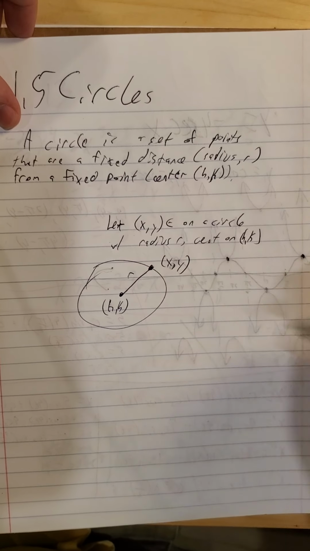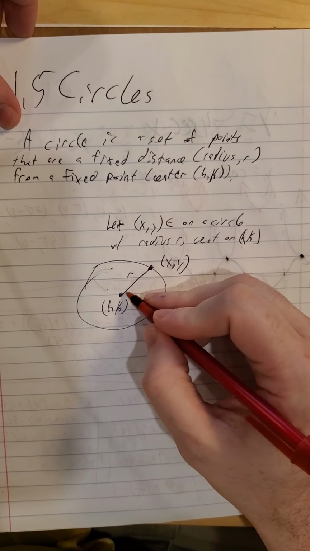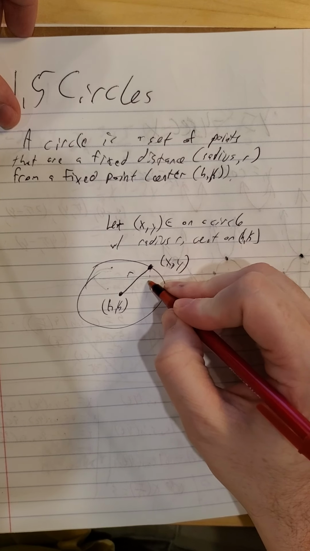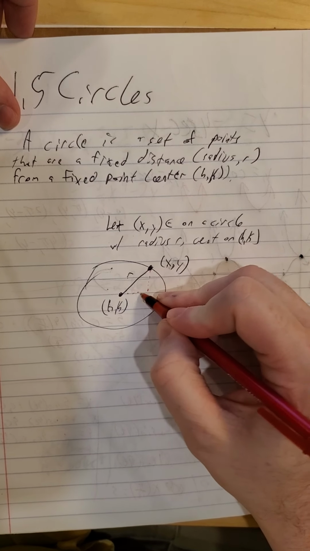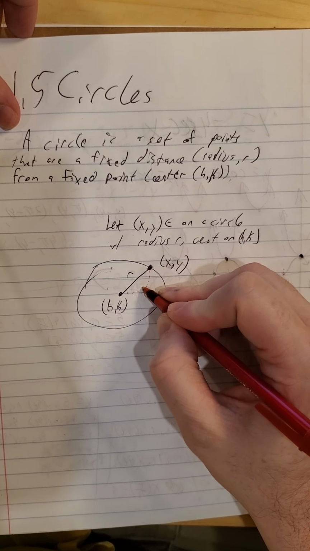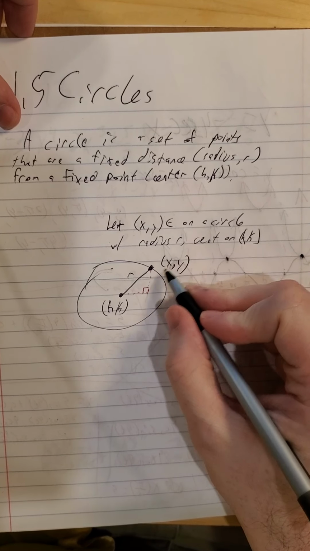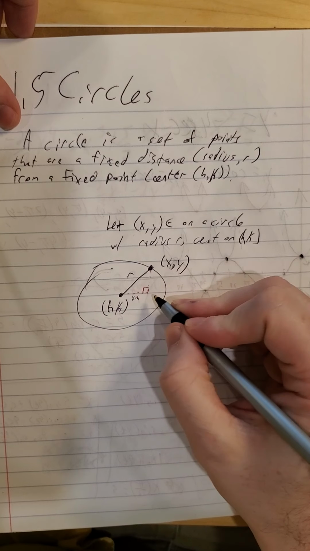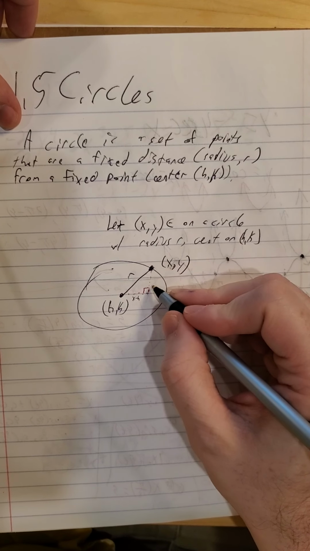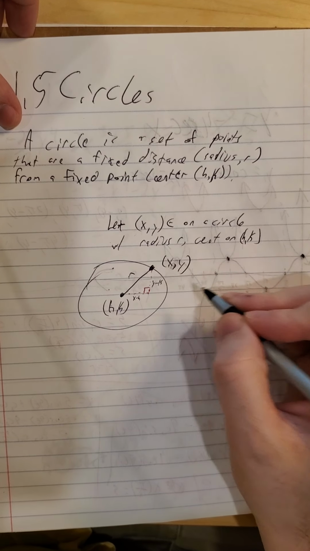Here is our radius. To get the equation for this, all we have to do is call up our buddy Pythagoras. We'll drop down a perpendicular there. So we have x minus h as this distance here, and y minus k as this distance.